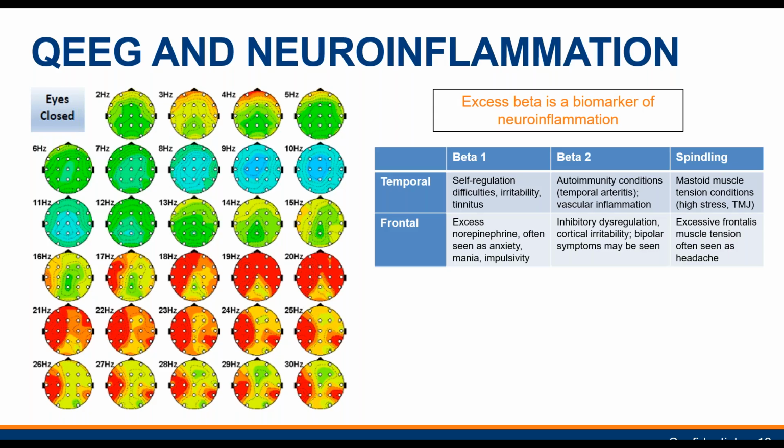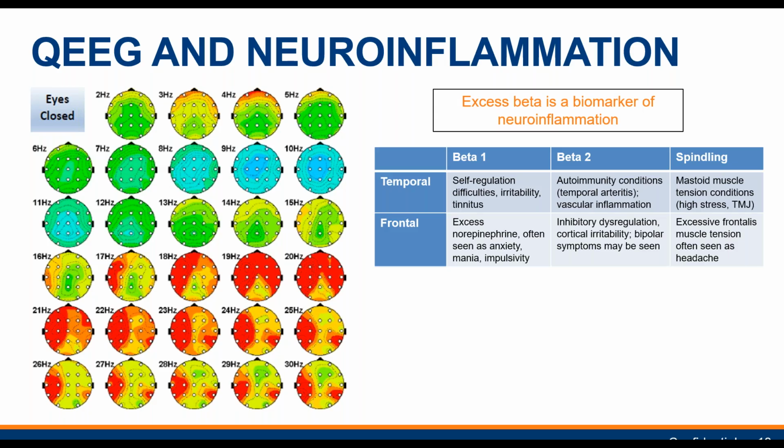When it creeps into beta 2, now you're dealing with inhibitory dysregulation, so lots of cortical irritability. And bipolar symptoms can be seen in patients that have an excess of frontal beta 2. Doesn't necessarily mean you're going to come to a conclusion of bipolar right away, but it gets you thinking down that road.